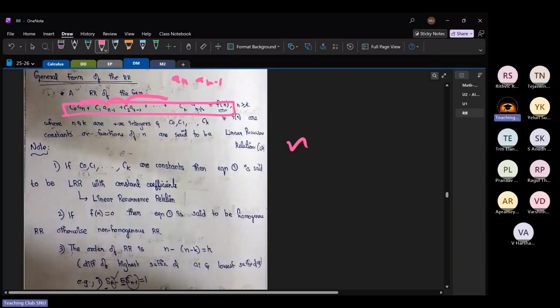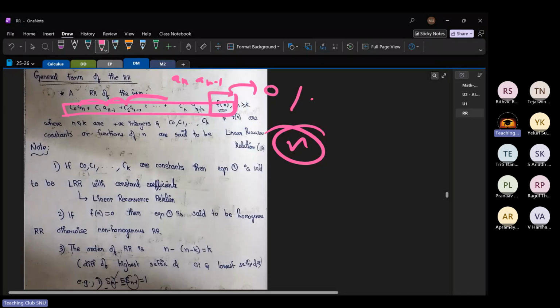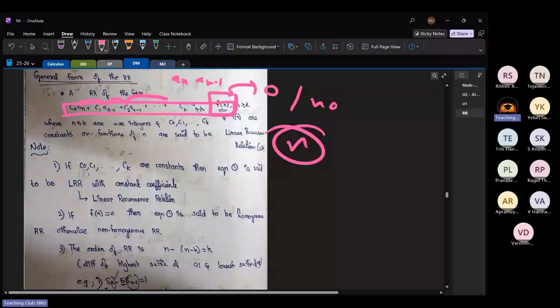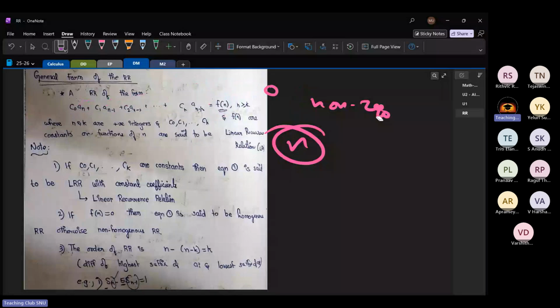The right hand side could be either zero or non-zero. And you could have different degrees of this equation. In that mechanism, you solve it differently. Considering all these factors, we are understanding how to solve this appropriately using such a method.